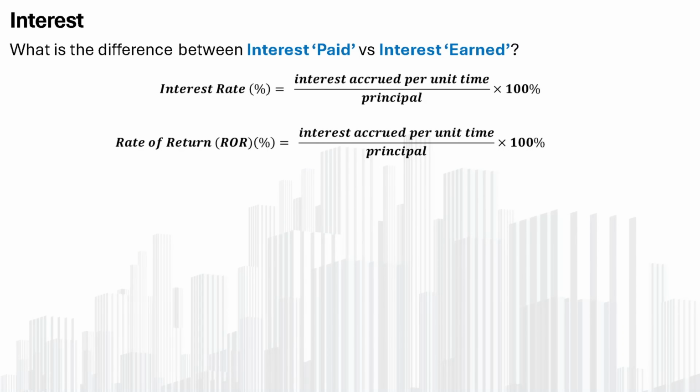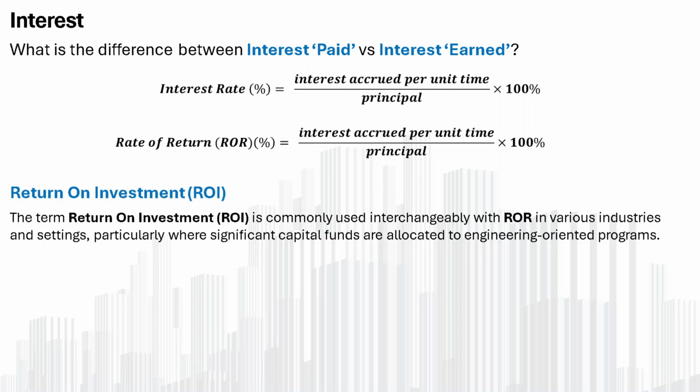So the difference between interest paid versus interest earned: if you could recall the formula for interest rate, it is interest accrued per unit time divided by principal times 100%. And when you mention the word rate of return, it's also interest accrued per unit time divided by principal times 100%.